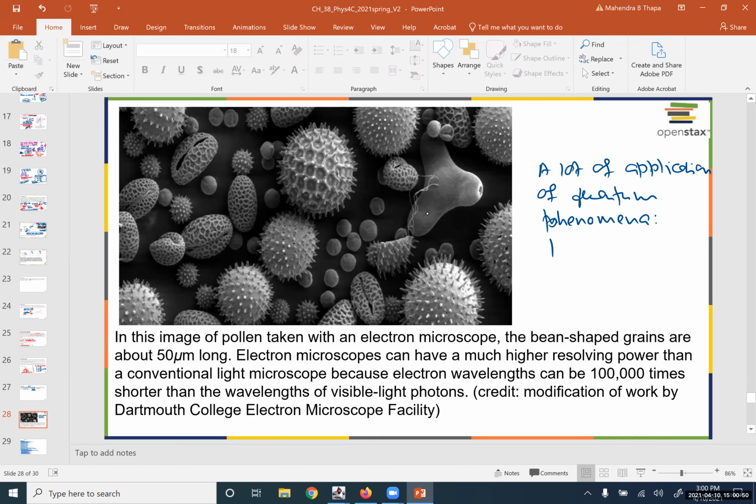It could be the photoelectric effect. We can use the application of X-rays, and even other quantum phenomena.